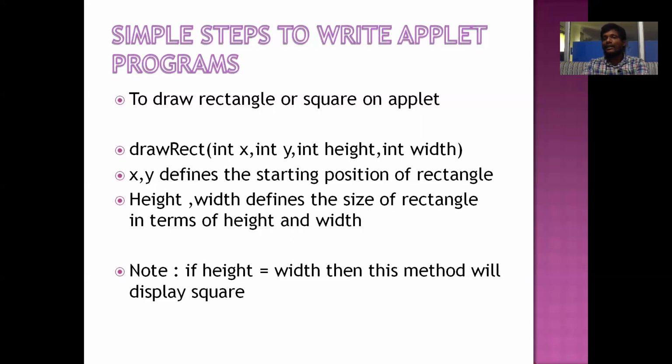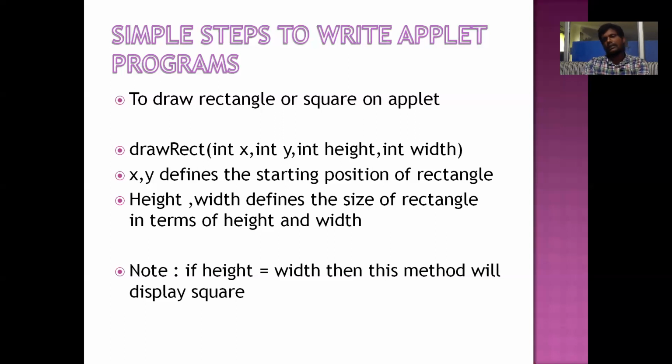That is, if the height and width are equal, then that method will display a square on the applet. If the height and width are different, it will display a rectangle. We all know that if we have the same width and height, it becomes a square, and if we have a different width and height, it becomes a rectangle.